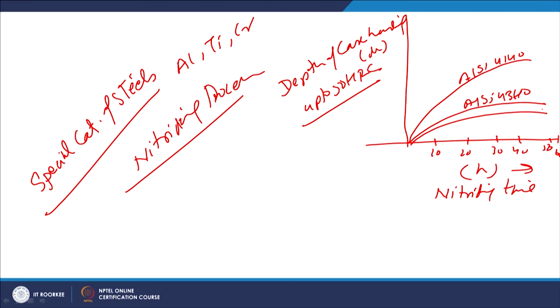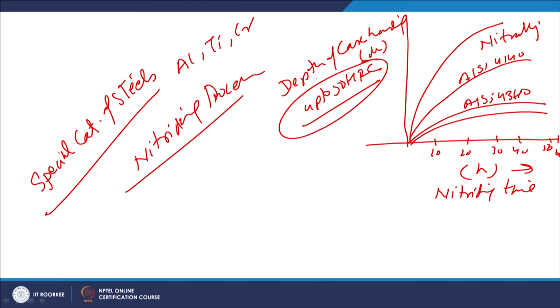But for another steel, Nitralloy, the rate of increase is much faster. Nitralloy will respond at a much faster rate for the increase in hardened depth up to the required hardness during nitriding.